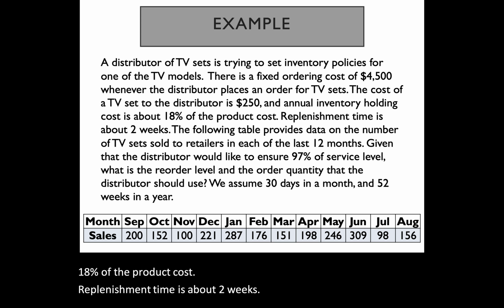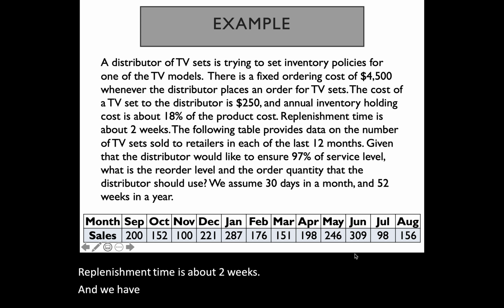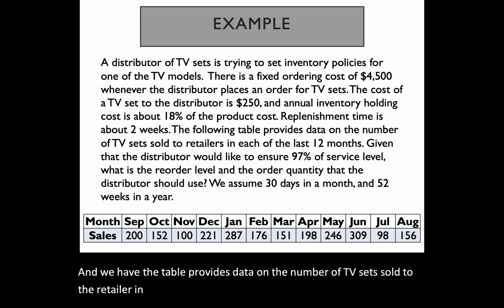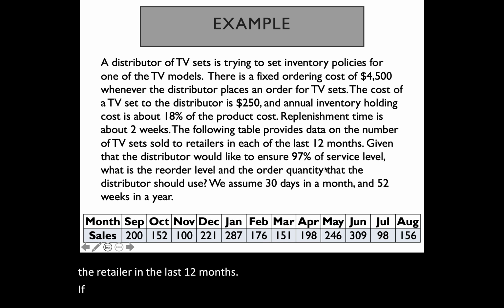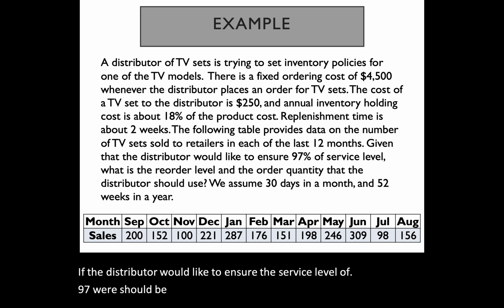And we have the table that provides data on the number of TV sets sold to the retailer in the last 12 months. If the distributor would like to ensure a service level of 97%, what should be the reorder level and the order quantity that the distributor should use?